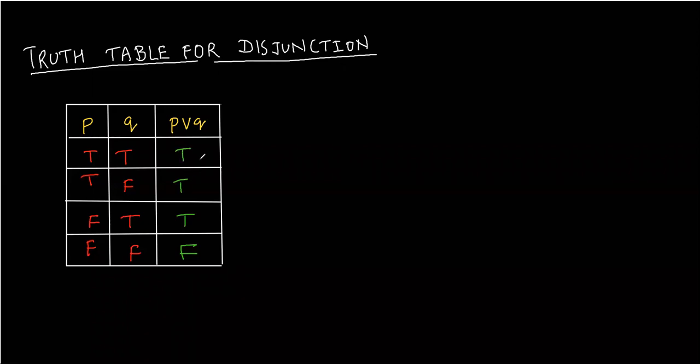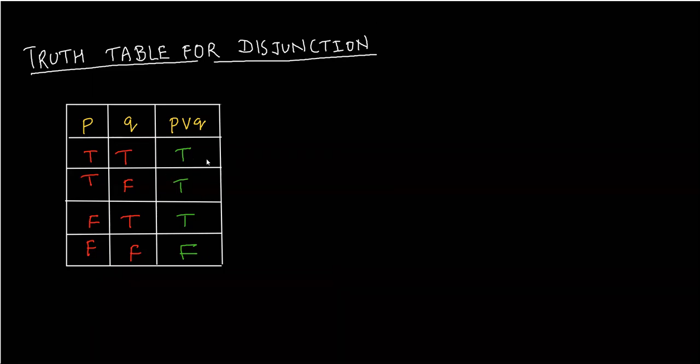So remember, students, the truth value of a disjunction compound statement is false when both the component statements have truth value false. If both are false, then it is false, otherwise it is true. And this is the law. You have to remember this.